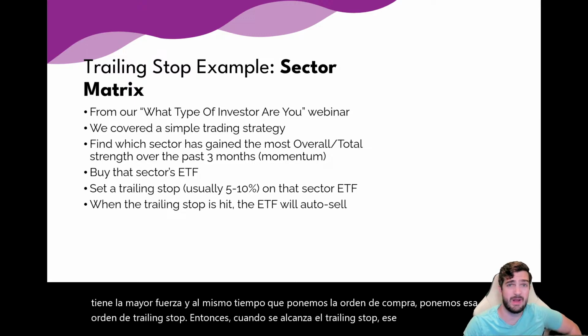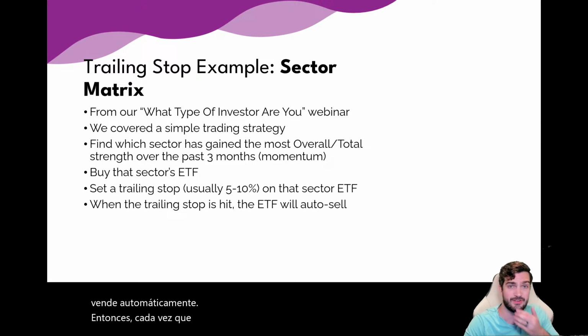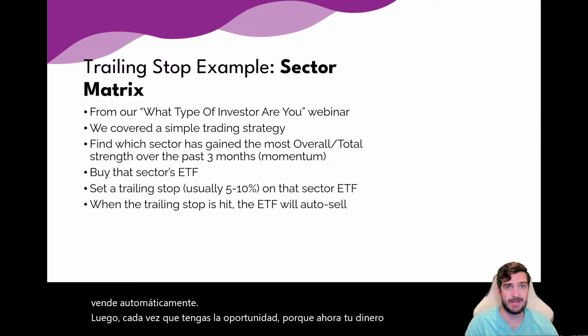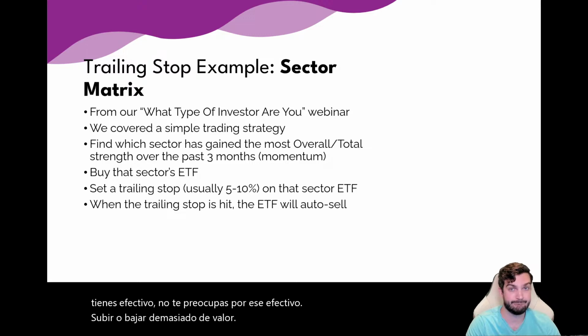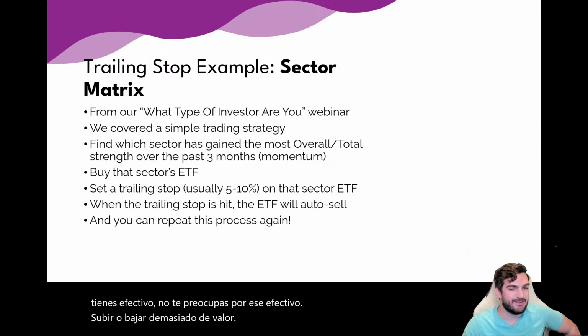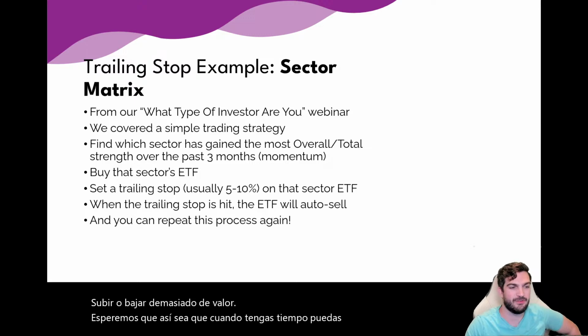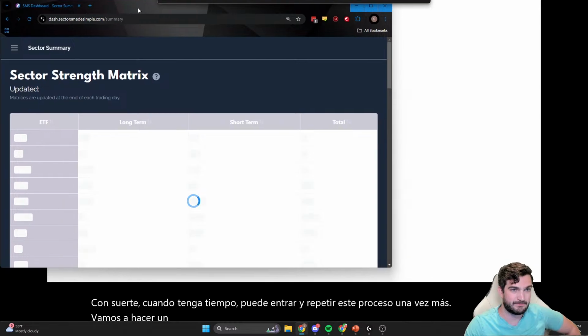And then, whenever you get a chance, because now your money is in cash, you're not worried about that cash going up or down in value too much. Hopefully. So, whenever you have time, you can go in and repeat this process once again. Let's go and do an example of this together.